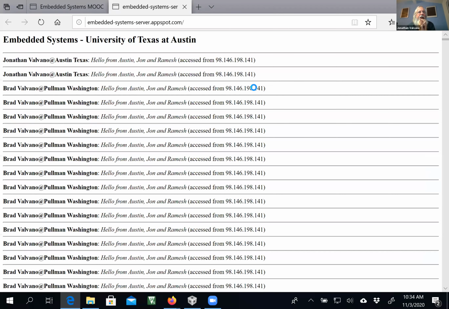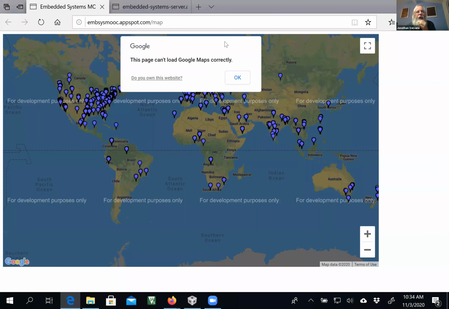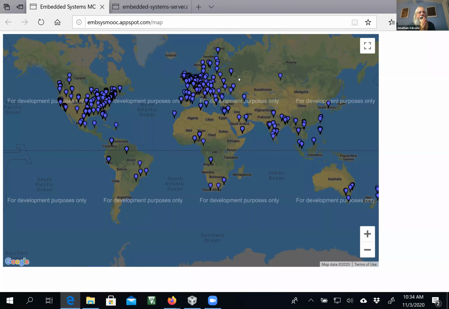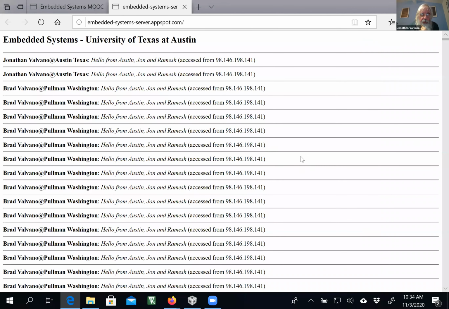This was Yerubali created this server for us on the MOOC, and I was completely unsuccessful in recreating it for you guys this semester. But this is, okay, let's see when the data was. How long ago was this taken? Oh no, that's embedded system server.